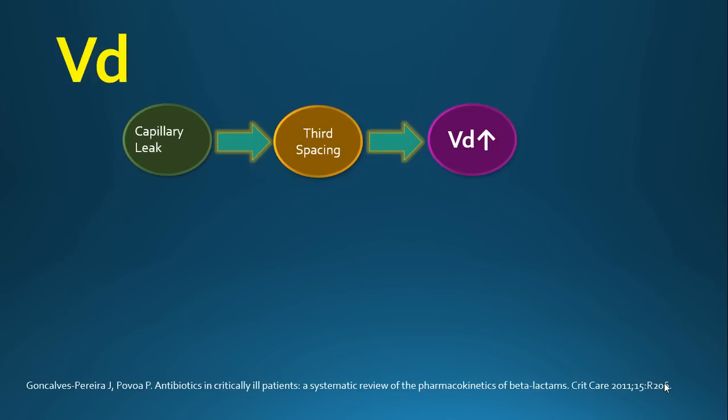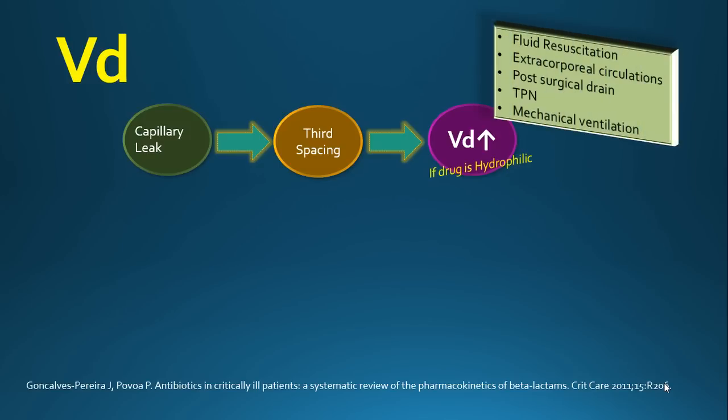Now we are discussing why volume of distribution in critically ill patients increases. What happens? Capillary leak happens, third spacing happens, and volume of distribution increases for the hydrophilic drug. This is the typical pathophysiology. Then all the interventions which you do in response to treat sepsis or septic shock also contribute to the increase in the volume of distribution.